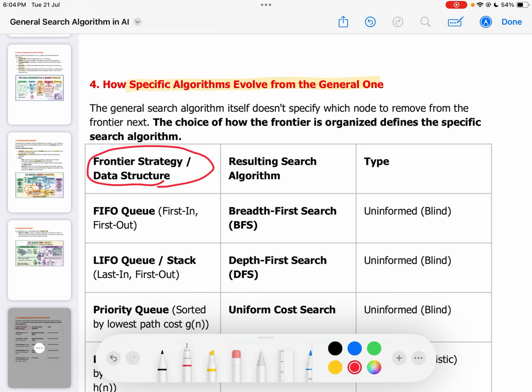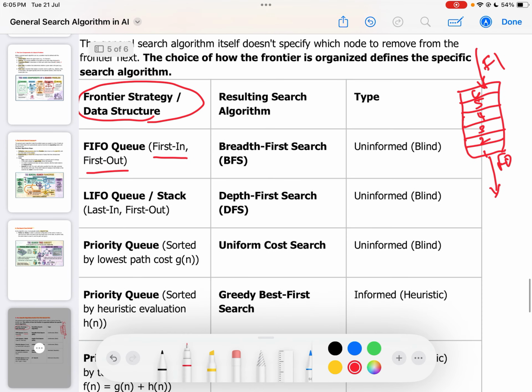It could be a FIFO, first in, first out. What is FIFO? It's basically a stack. One, two, three, four, five, six. Six elements are put inside a stack. First, it goes in like this, comes out like this. First in, first out. This is FIFO.